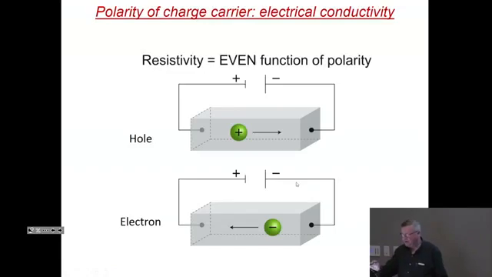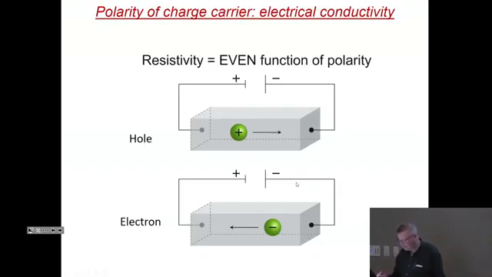So when you have electrical resistivity, you apply voltage, current that's positive on this side and negative on that side, and you have a carrier that's a hole, that's polarity positive. So the carrier moves in the same direction as the current, and the voltage will then be here plus and there minus.